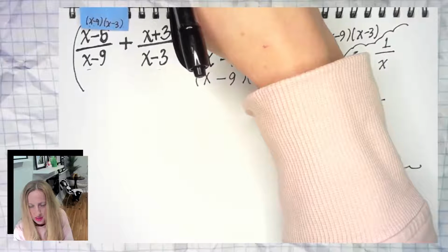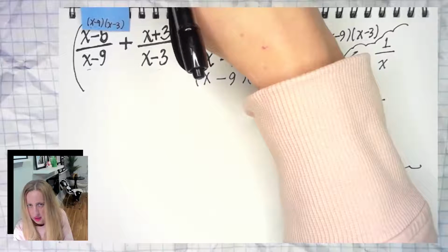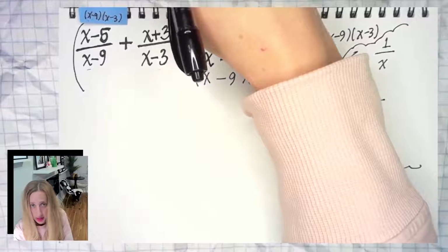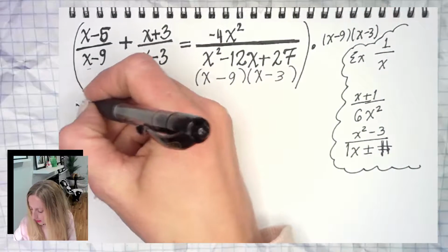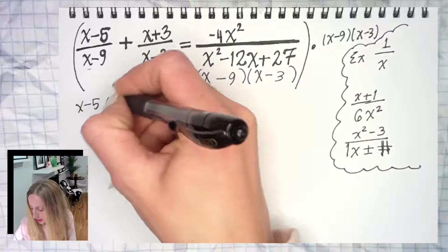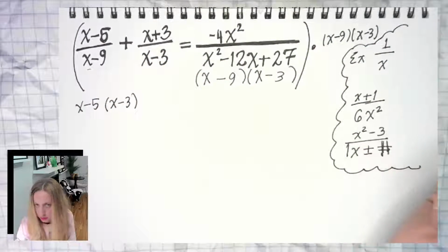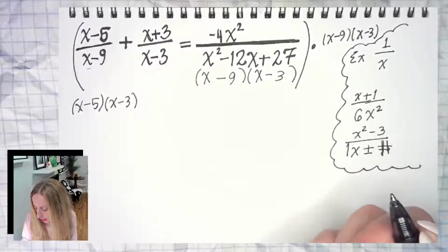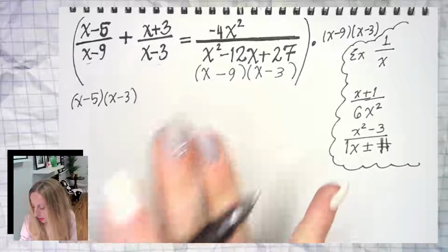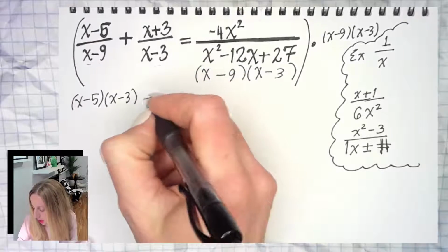But what reduces is the x minus 9, and what stays behind is the x minus 5 and the x minus 3. Now, if you're writing this, x minus 5 and then x minus 3 in parentheses, shame on you, you need parentheses around x minus 5 as well. All numerators and denominators have implied invisible parentheses.